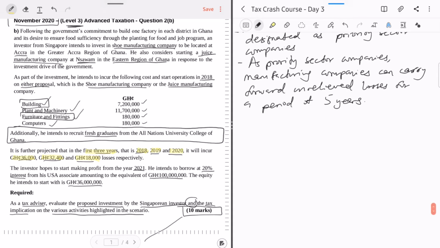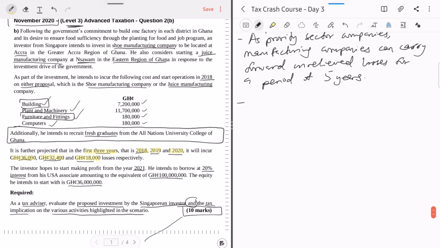So let's apply this towards the question.